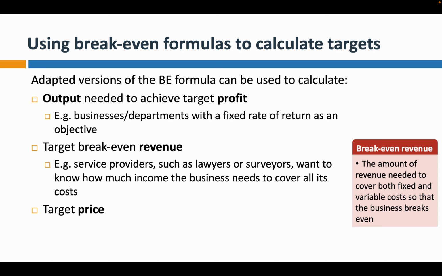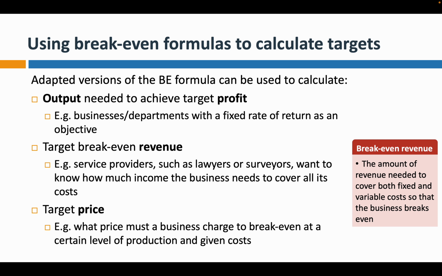And you can also use it in order to calculate a target price. And by target price, we mean what should be the price that the business should charge in order to break even at a certain level of production and given costs. So here, it's like first we're calculating what is the, let's say, maximum or current level of production that we can produce.